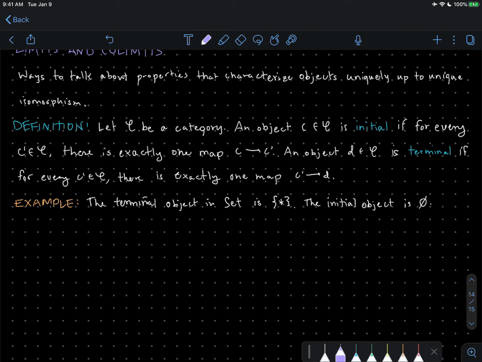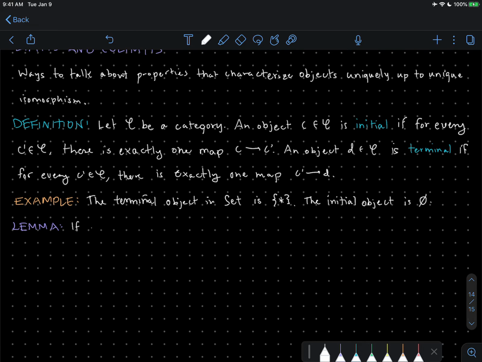And so here's the lemma. That gives us our first taste of what uniqueness in category theory really is. If c and c prime are both initial, then there exists a unique isomorphism from c to c prime.